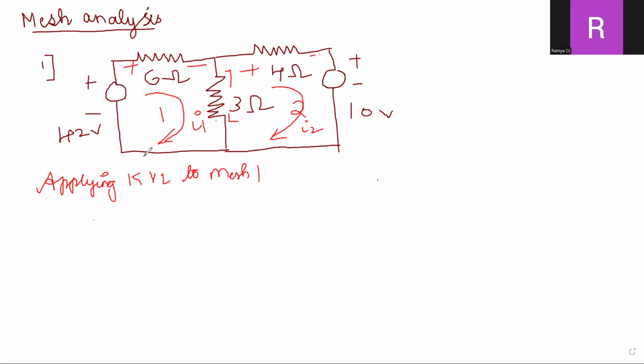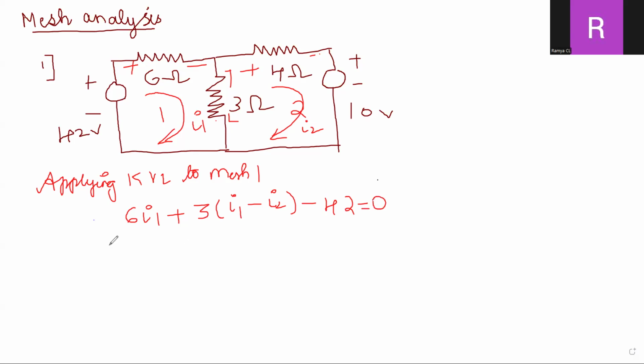So 6I1, the 6 ohm, plus 3 into the two currents, that is 3 into (I1 minus I2). Here you have the minus sign, so minus 42 is equal to 0.